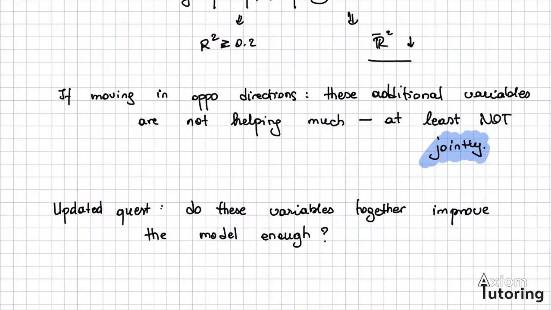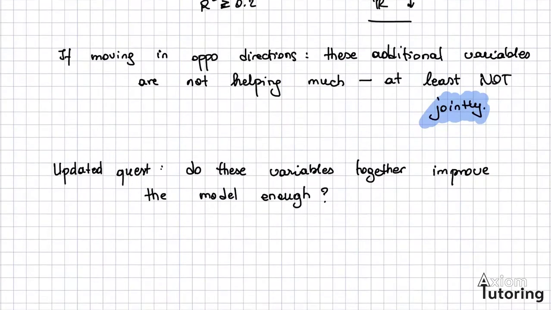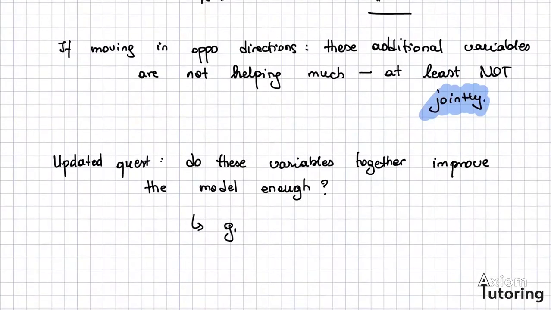Now keep in mind, this question is no longer about one coefficient or one t-test. This question is about a group of variables, which is why I highlighted jointly in here.